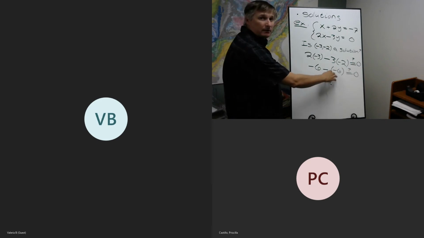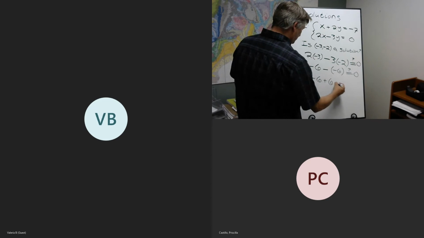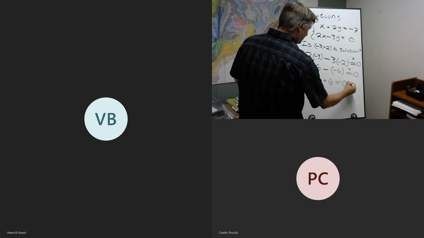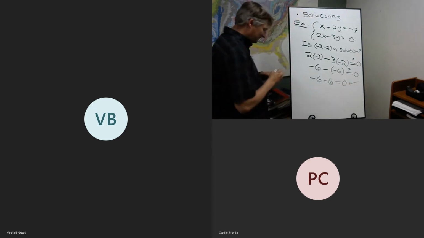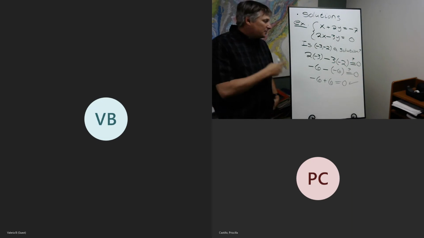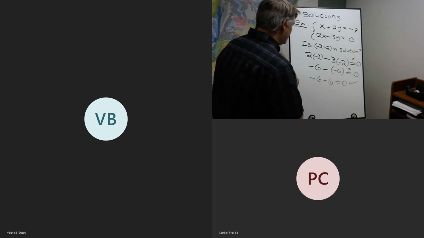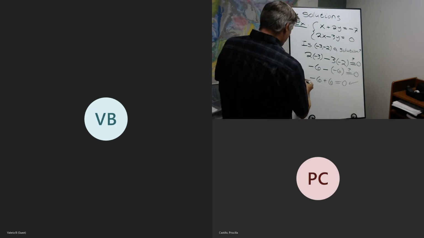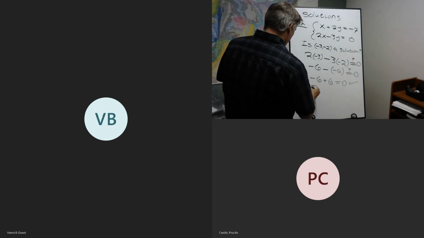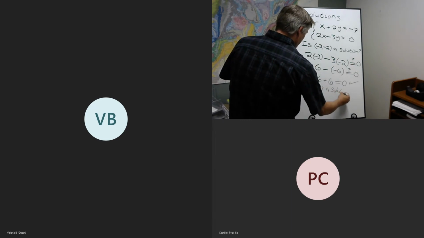Well, here's that double negative. This does equal 0. So since this ordered pair works for both equations, then we can say -3, -2 is a solution.